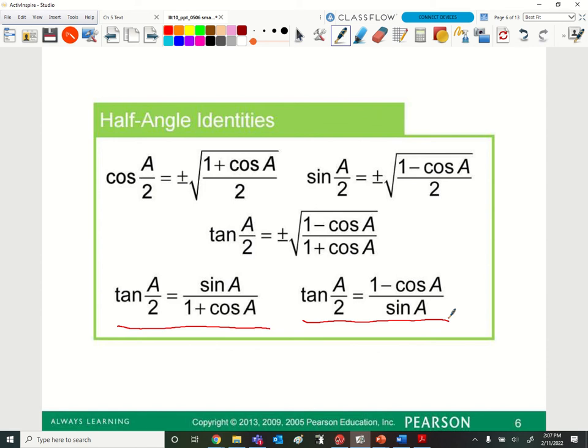And I want to try to avoid this one if I do have a radical, because to rationalize this piece right here, I would have to multiply by a conjugate. Do you guys remember the conjugate? The conjugate of 1 plus radical 2 would be 1 minus radical 2.